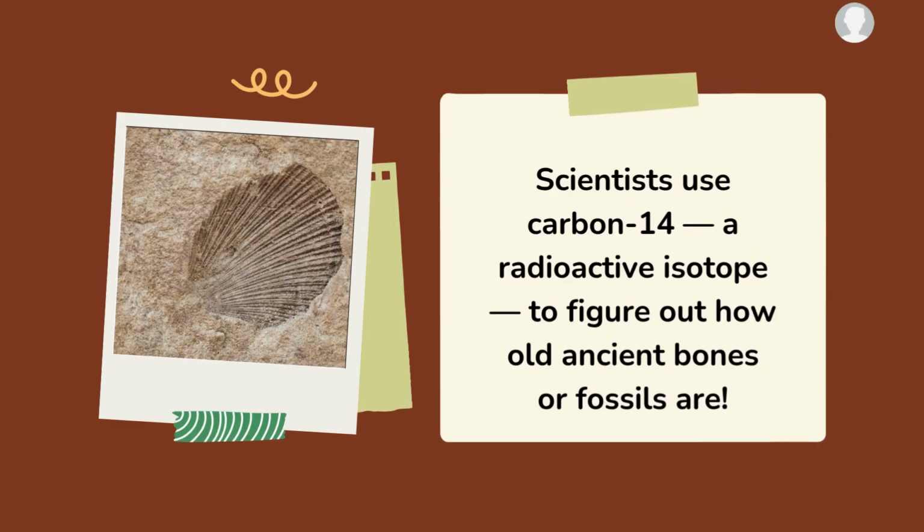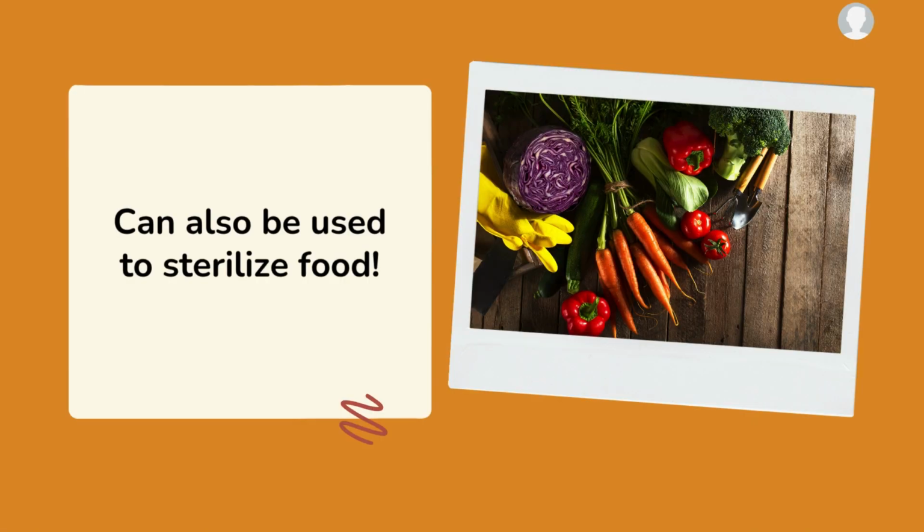Carbon 14 is a radioactive isotope, so scientists use it to figure out how old ancient bones or fossils are. Archaeologists dig up fossils and can use carbon 14 to date them. Isotopes can also be used to sterilize food.